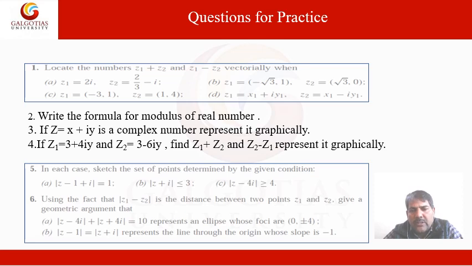Now the next question: z1 is equal to minus root 3 and 1, z2 is equal to root 3 and 0; z1 is equal to minus 3, 1, z2 is equal to 1, 4; z1 is equal to x1 plus iy1, z2 is equal to x1 minus iy2, and so on. The other examples are here also written for practice.